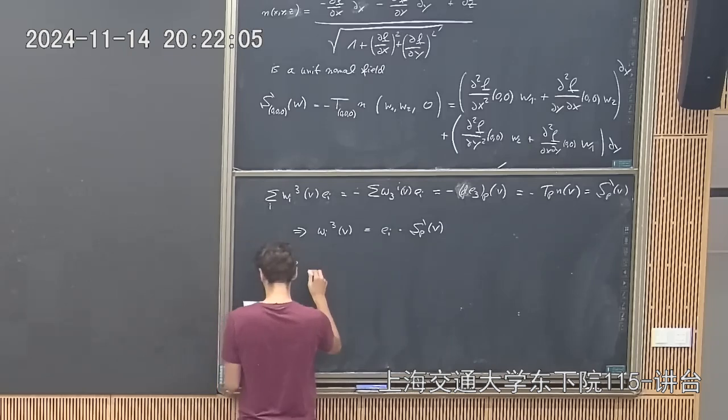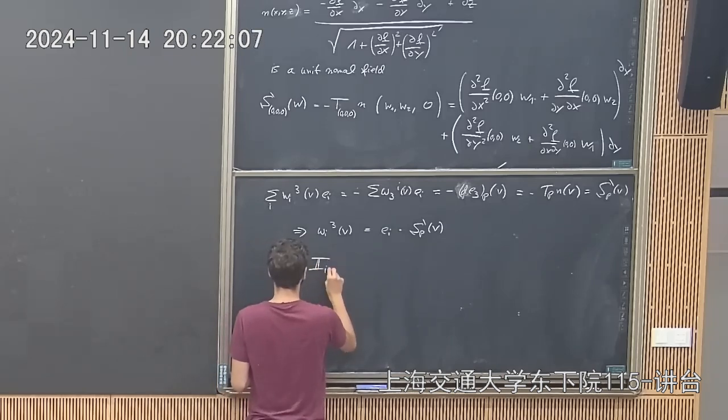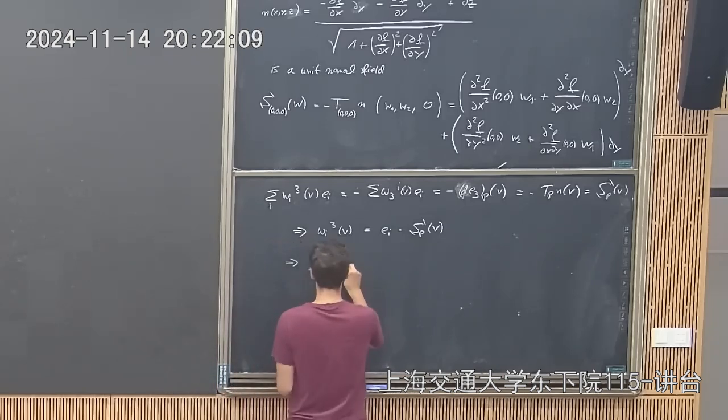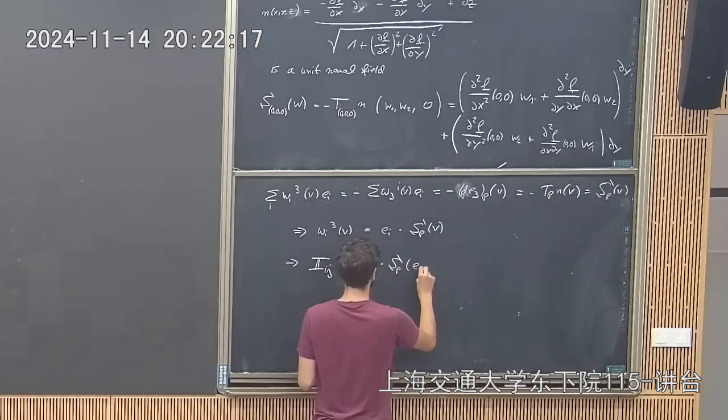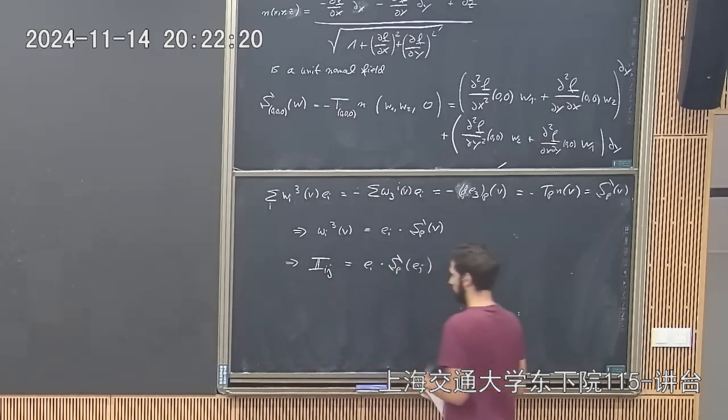So what we get here is that the second fundamental form equals, by definition, Ei in the Ej direction.